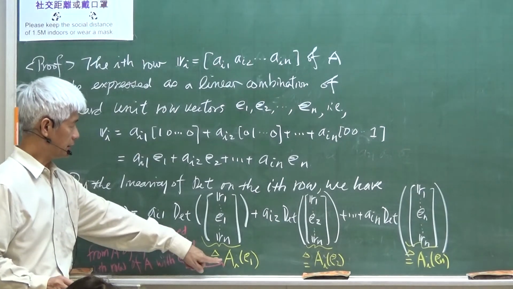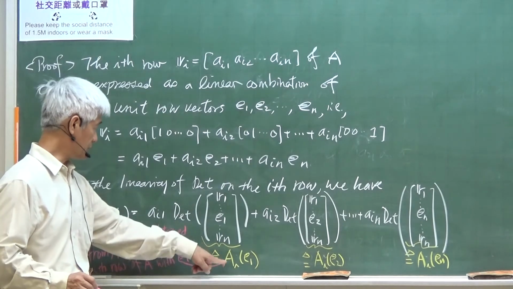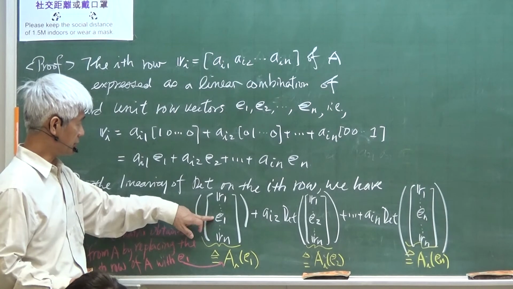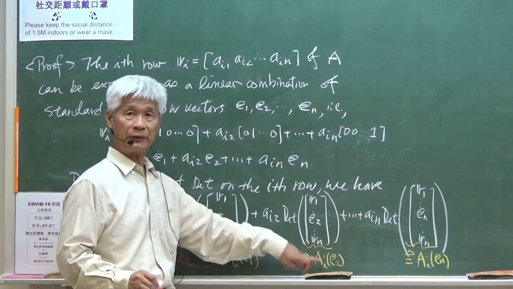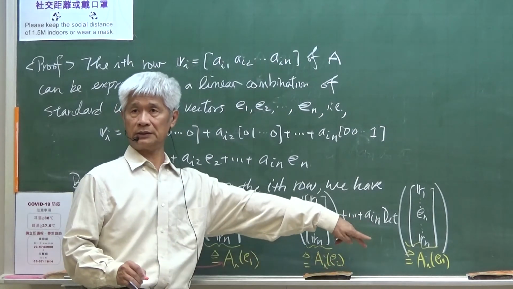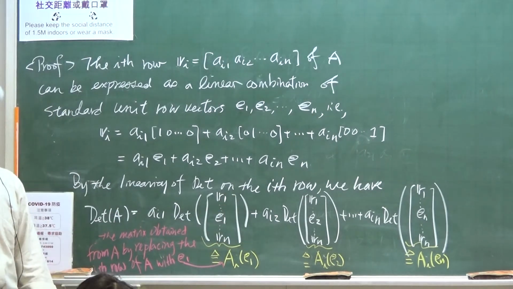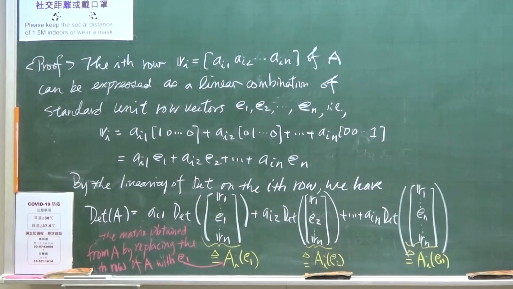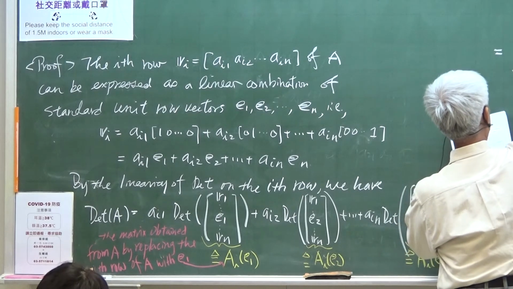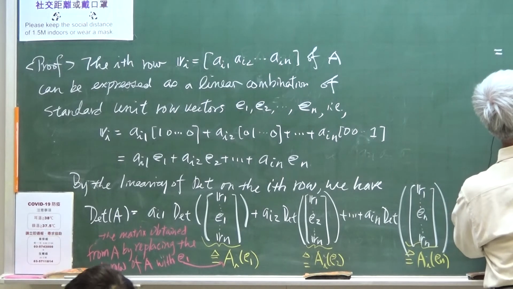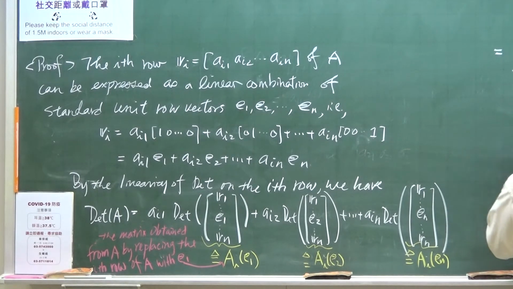Here is the matrix obtained from A by replacing the ith row of A with e2, etc. So we use this notation, and now we can write the determinant of A as the sum of a_ij times the determinant of A_i replaced by e_j.